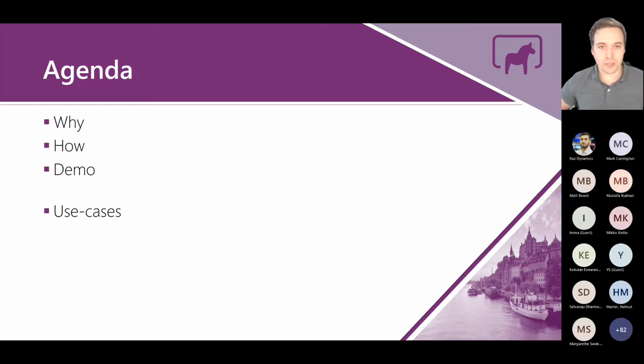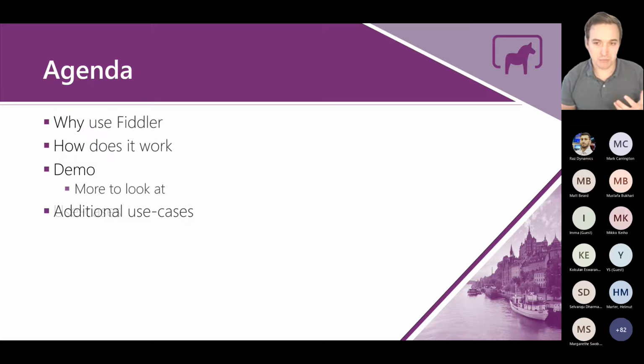So what is it we want to talk about today? We want to talk about the why, the how, then do a demo, and then talk a bit more about the use cases, or maybe additional use cases. So why use Fiddler? How does it work? And then a demo to get into it, and we will configure it together and try to make it work.